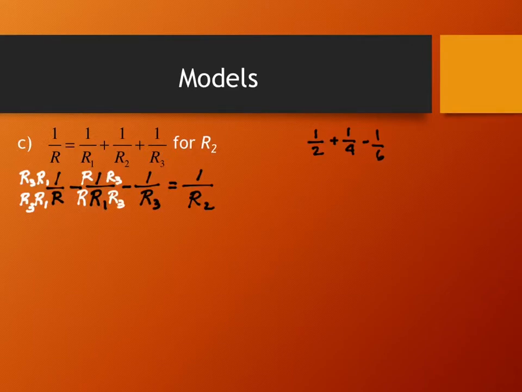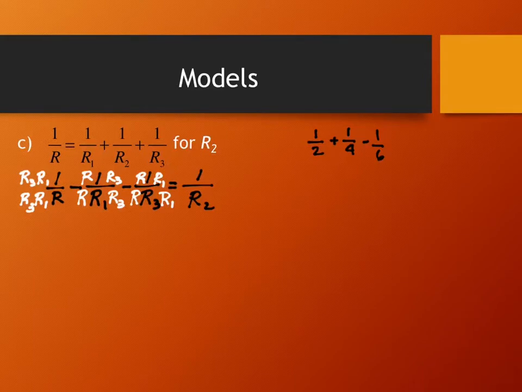And on the third fraction, I'm going to have to do an R and an R1. Those are all the pieces that are missing. So in the first fraction, well, all the denominators are the same now. Agreed? They all three have all three components, R, R1, and R3.